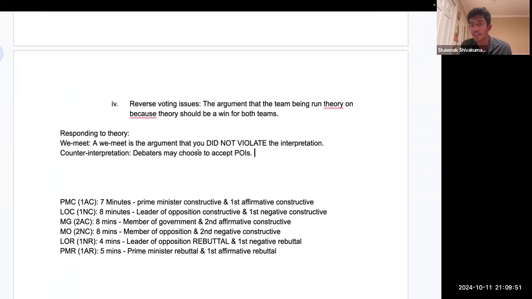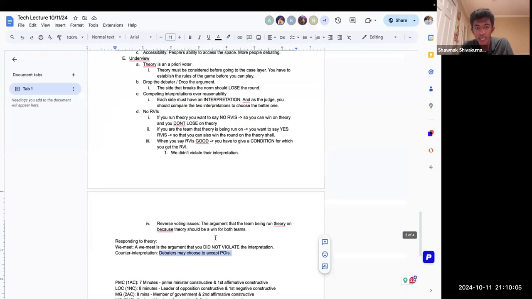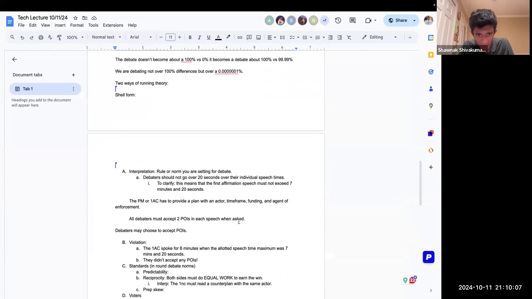That's a counter interpretation. That's a separate rule, a separate norm for debate. Everyone get that? So the competing interpretations are these two. Yeah?